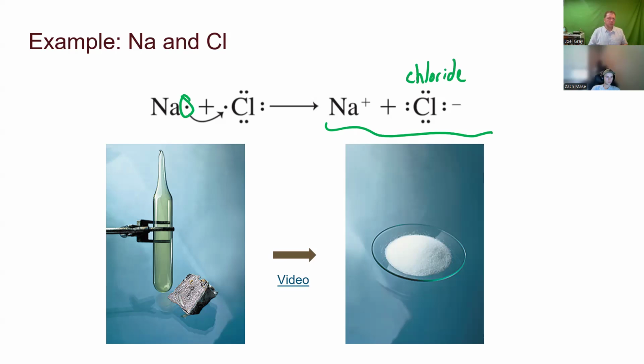Think about it like this. This is the before, and this is the after. This electron right here and this kind of Lewis structure corresponds to a form of sodium that is violent. If you add it to water, it's going to violently react.